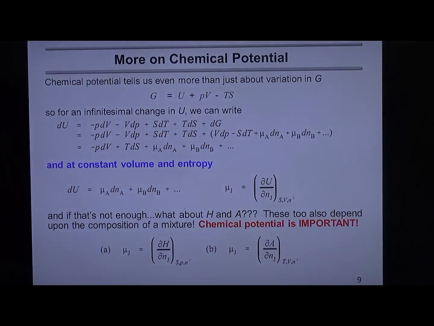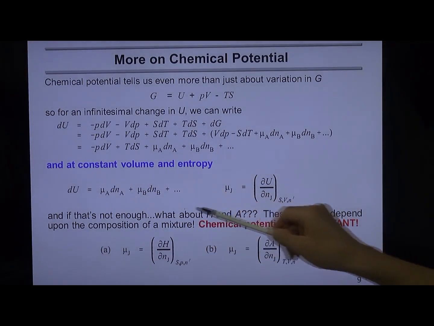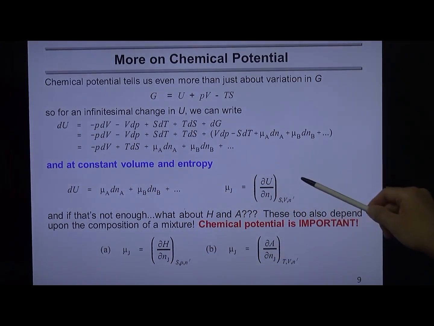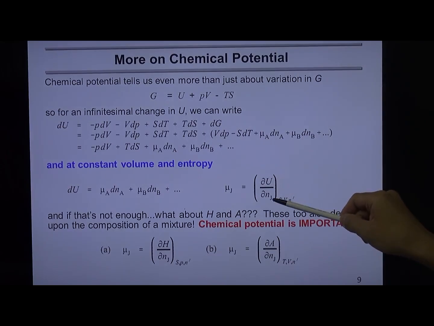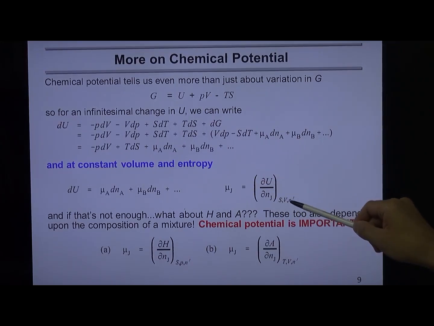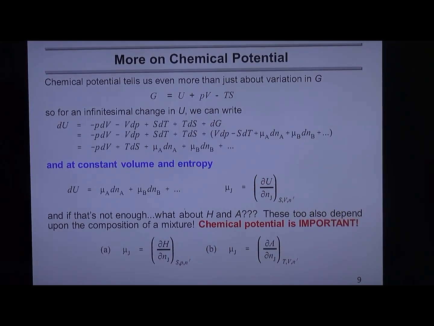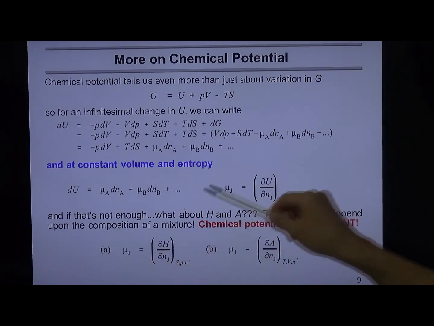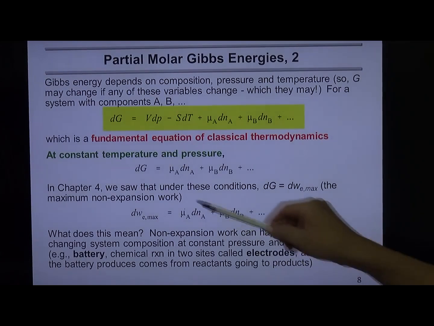And chemical potential mu can be represented as the partial derivative of internal energy as a function of number of moles at constant volume, entropy, and other materials. You can do the same thing for enthalpy and Helmholtz energy, and you get this expression for all three of them. Interesting. All of them are chemical potential, including this here.